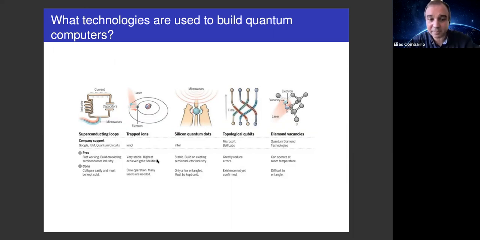For instance, trapped ions are much more stable than superconducting qubits, and the operations that you can do with them have lower errors. Okay, and also you can entangle these qubits more easily than what happens with superconducting qubits. The problem with them is that they are more difficult to scale.